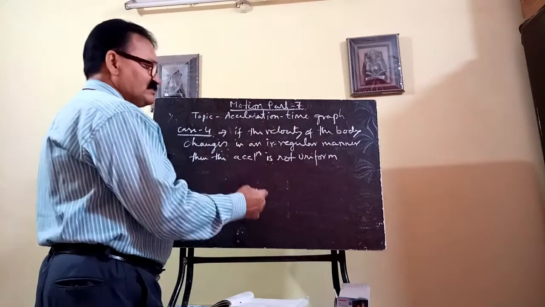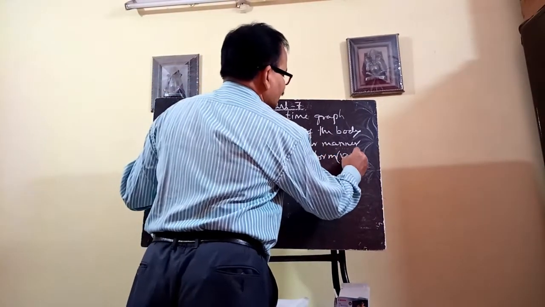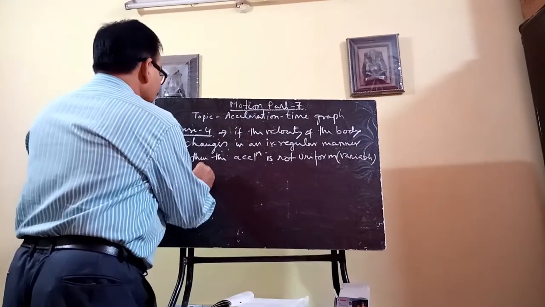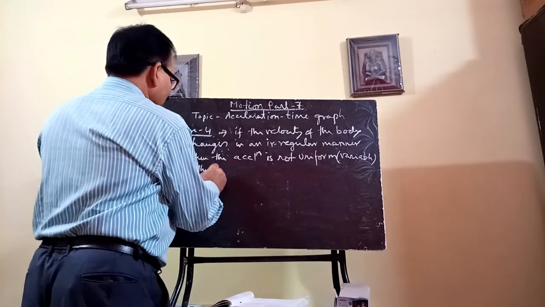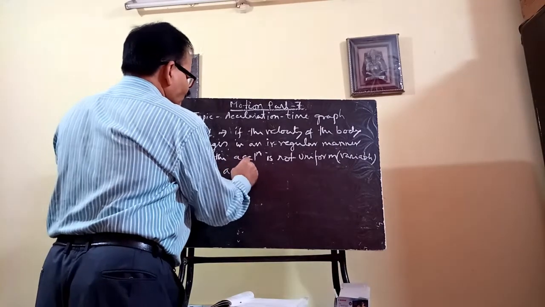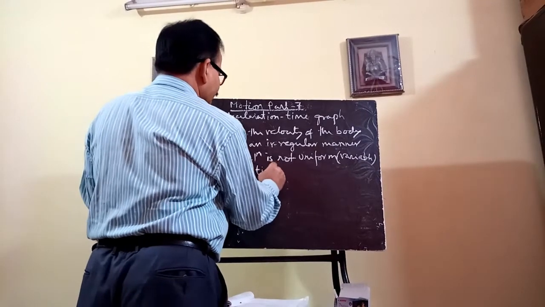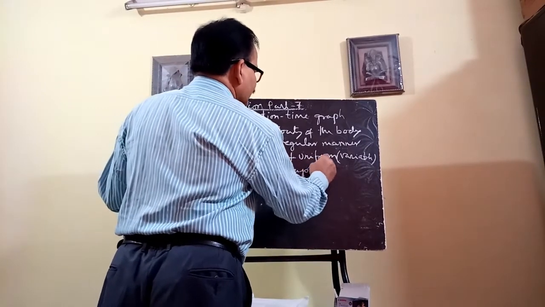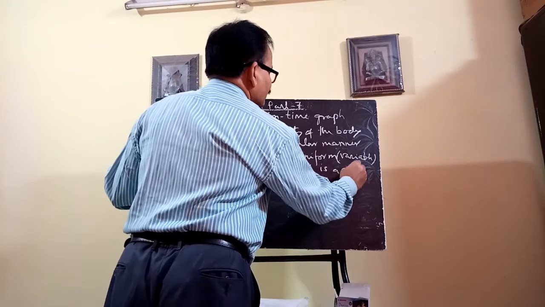That means it is variable. So in that case, the acceleration time graph is a curved line.